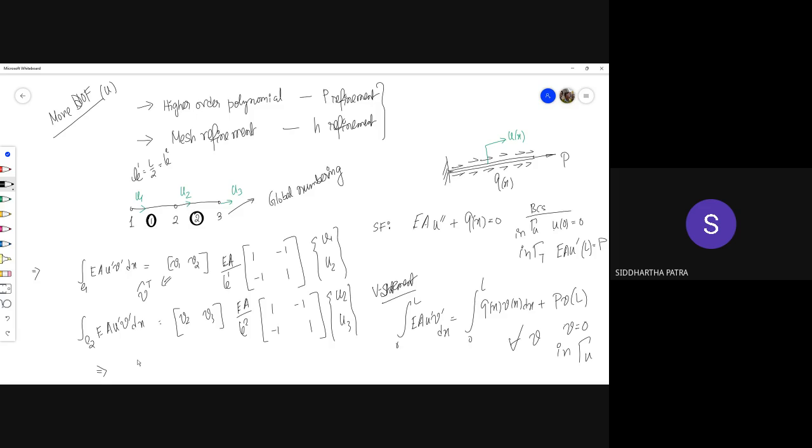And if I do this integration from 0 to L dx, that would be the first term plus the second term. Now let me tell you what's happening over here.